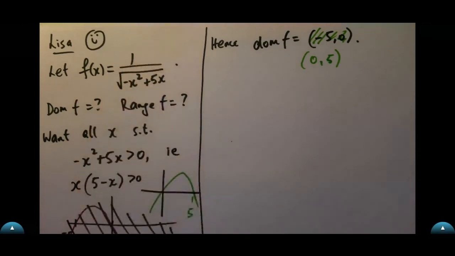It's definitely positive, right? The output can't be negative because you've got a positive there and a positive there. Who can help Lisa out with the range? Any ideas in the chat?